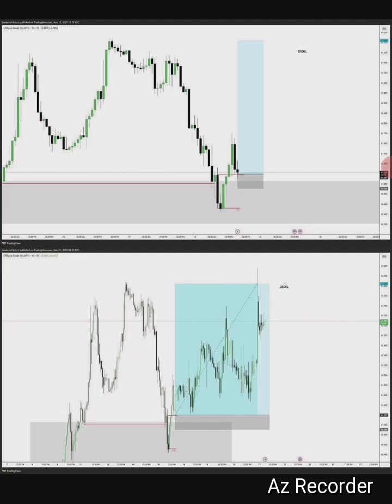The supply zone at 2.0200 and between 2.0250 could serve as a resistance level, similar to Euro Australia's supply zone.